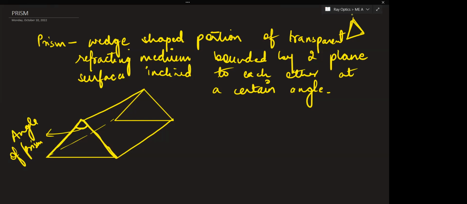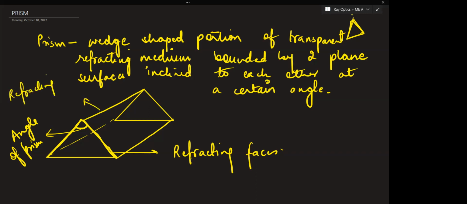These are the refracting faces. We won't be drawing this complete whenever we draw the prism; we'll just use this part. This is known as the refracting edge. So the angle formed between both of these is known as the angle of prism.